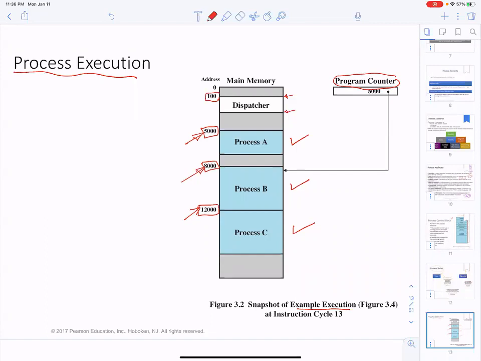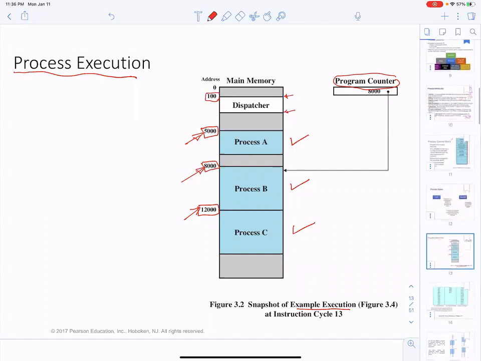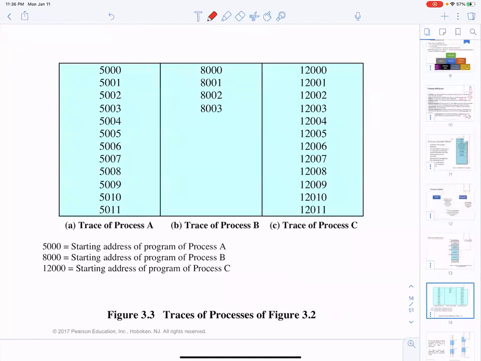Now we can see the memory, but we would like to know how the switching between those processes will take place, by using the traces of each process.